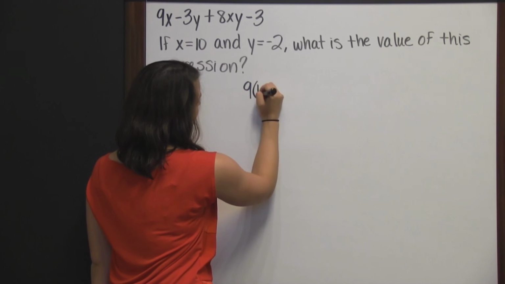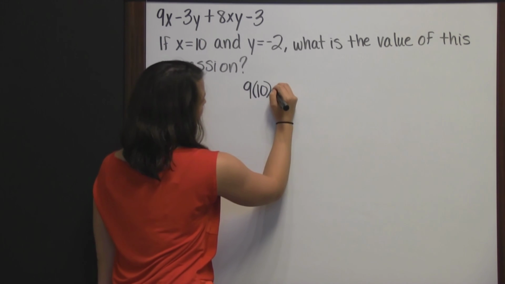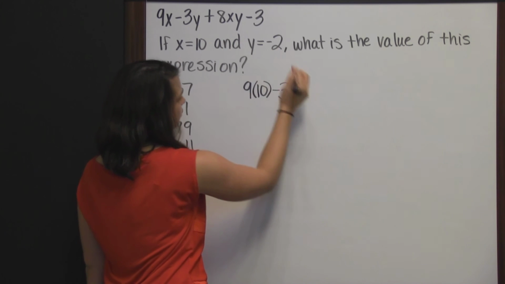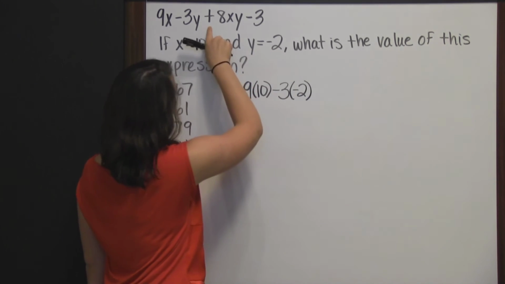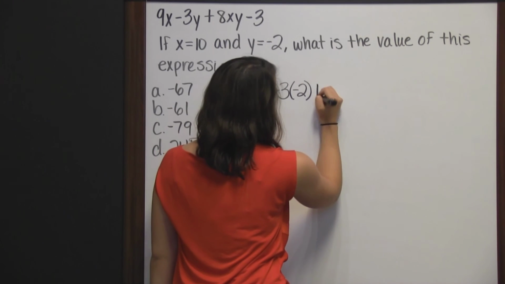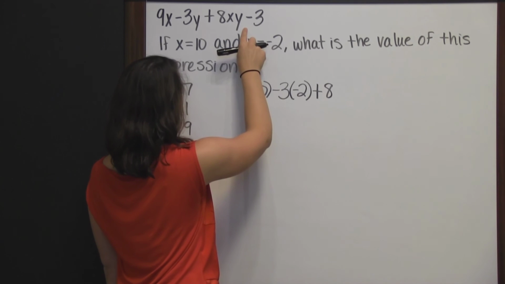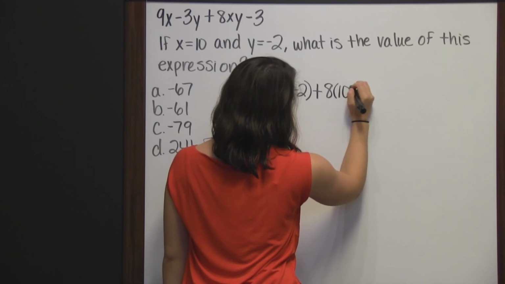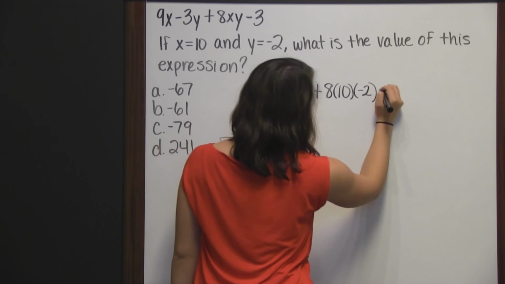So 9 times 10 minus 3 times y, and we're replacing y with negative 2. Plus 8 times x times y, so times 10 times negative 2. Minus 3.